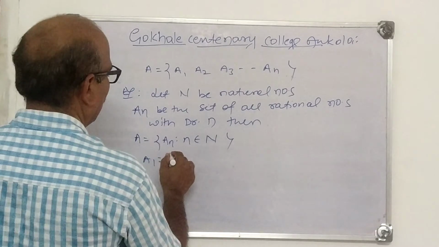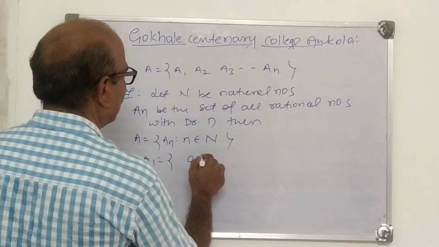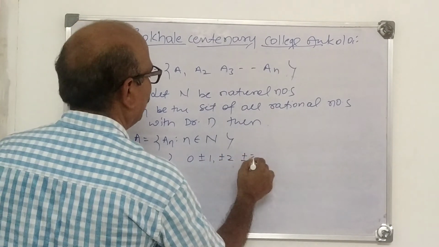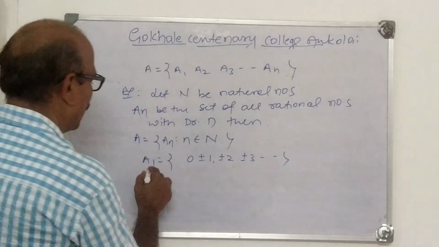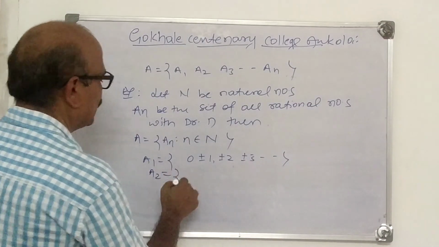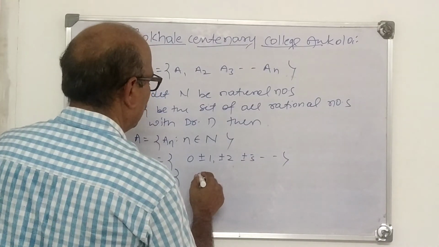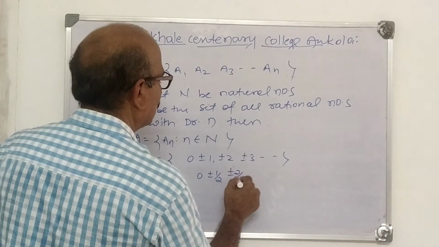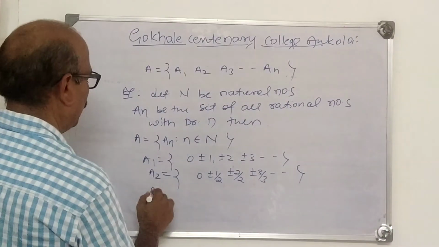A1 is all the rational numbers with denominator 1. What are they? Plus or minus 2, plus or minus 3, and so on. A2 is the rational numbers with denominator 2: 0, plus or minus 1 by 2, plus or minus 2 by 2, plus or minus 3 by 2, and so on.